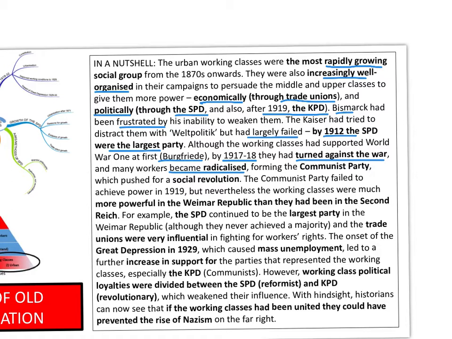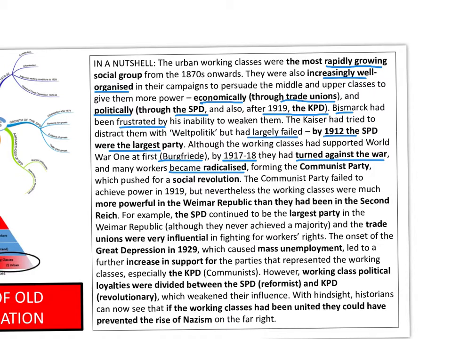So they began to turn to the more extreme ideology, in particular the ideology of the Bolsheviks from Russia, that actually the pathway to improvement for the living and working conditions of the working class was not to push for reform within the existing system, but to change it from outside.